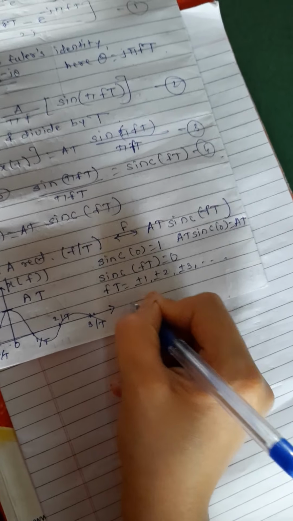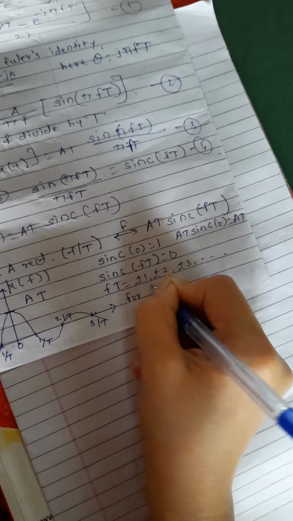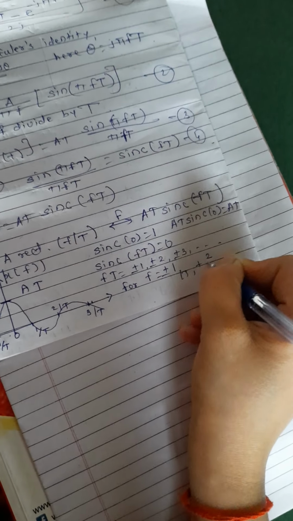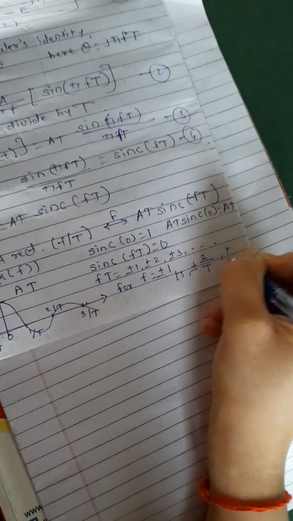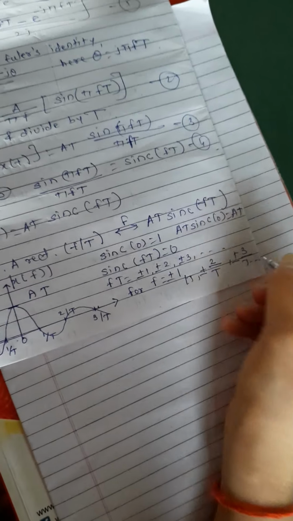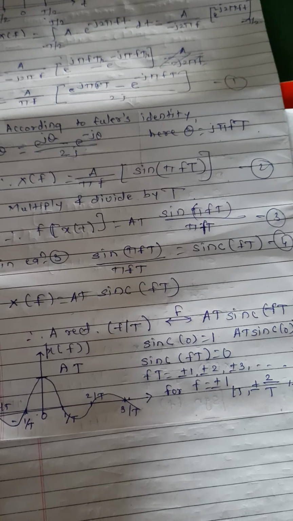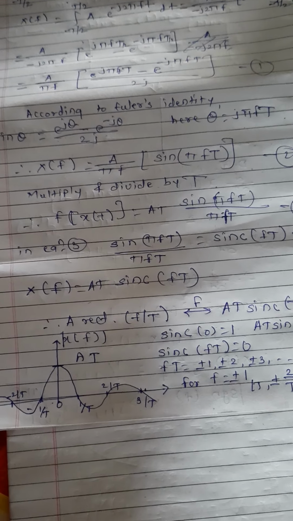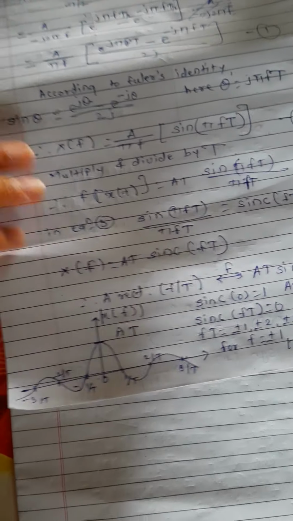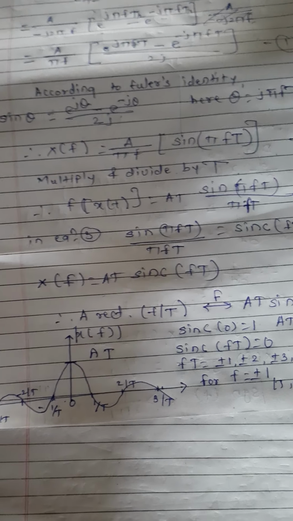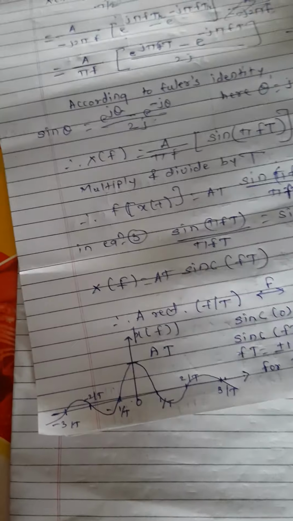That is for f equal to plus minus 1 by T, plus minus 2 by T and plus minus 3 by T and so on. The phase spectrum has been shown here and it has a 0 value for all values of f. So this problem was asked in the exam for 4 marks.